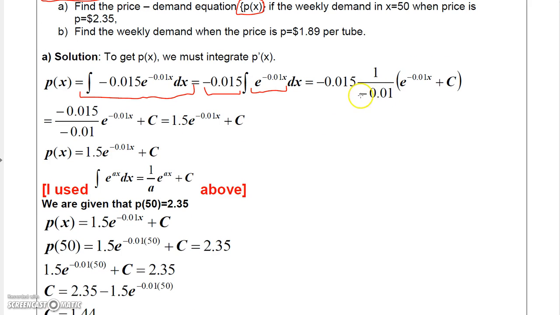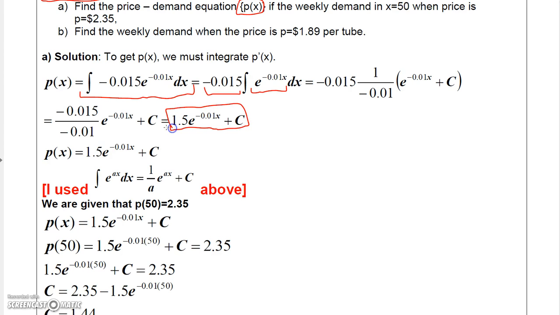Okay, so when you integrate this, it's actually 1 over negative 0.01 times e to the negative 0.01x, and then you're going to multiply that by negative 0.015. Well, long story short, if you take negative 0.015 and divide it by negative 0.01, you're going to get 1.5. So you're going to get 1.5 e to the negative 0.01x plus a constant.